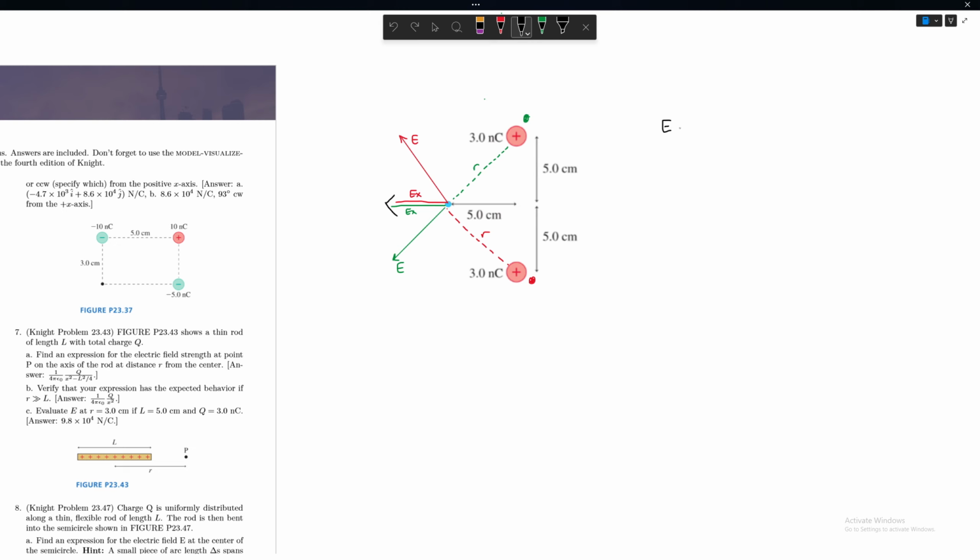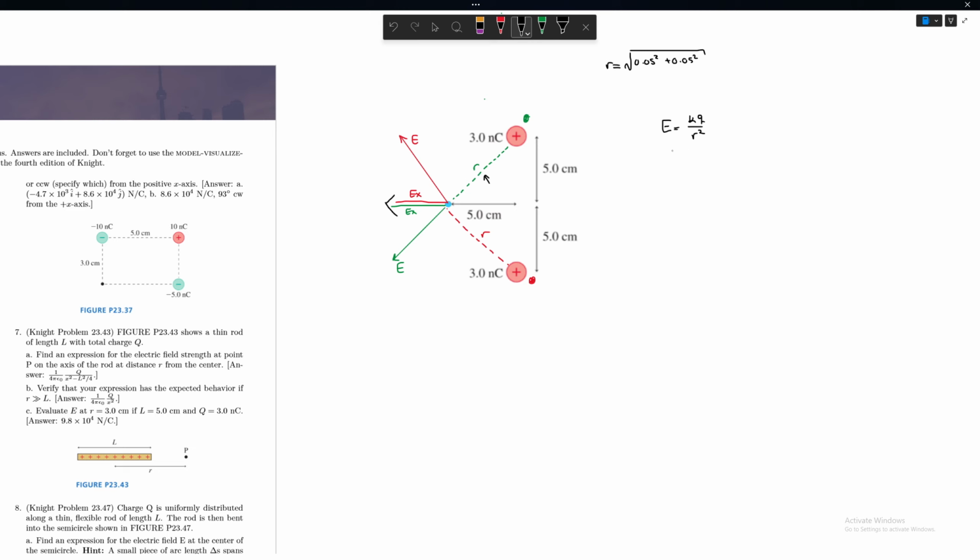And so E equals kq over r squared. Now my r equals the square root of 0.05 squared plus 0.05 squared. Right, that's my r because I'm looking for this section and I gotta use Pythagoras here.